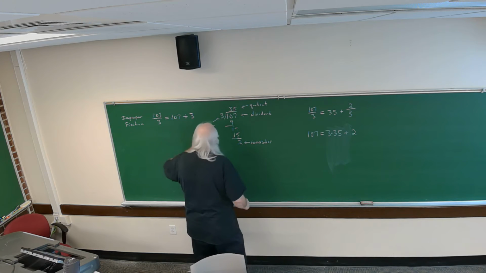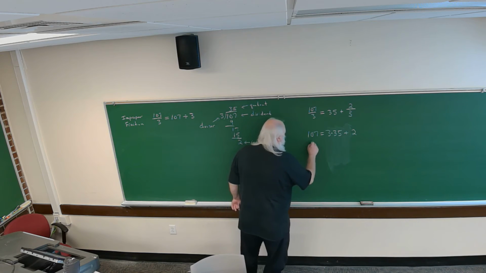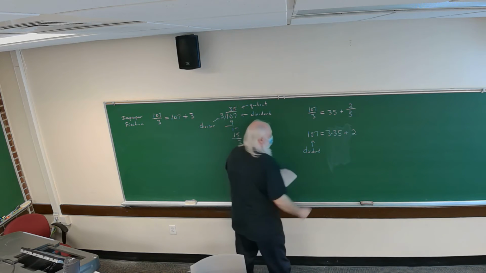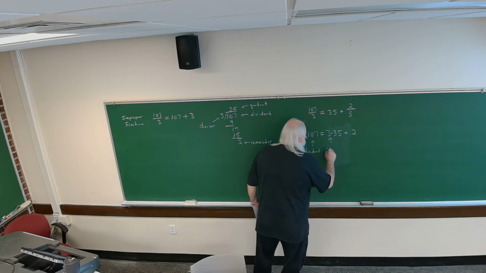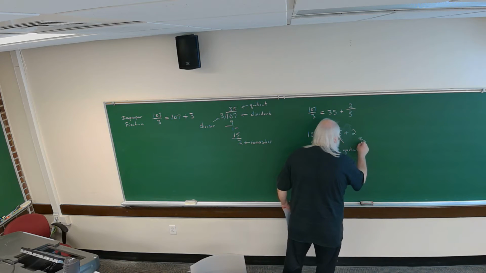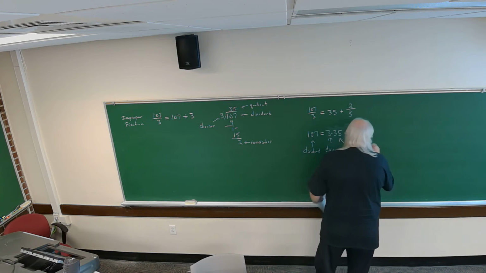So the dividend, 107, is equal to the divisor, 3, times the quotient, 35, plus the remainder, 2. Okay?